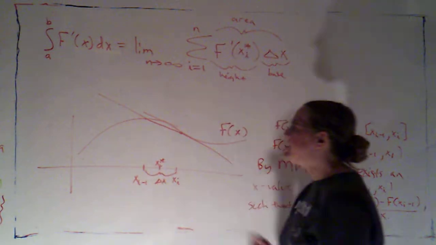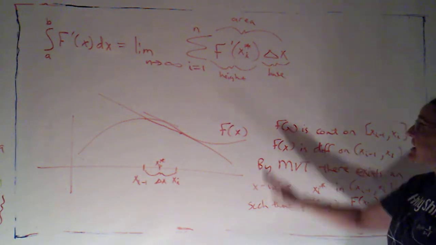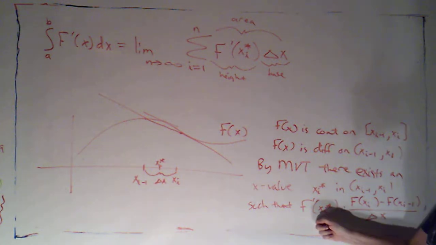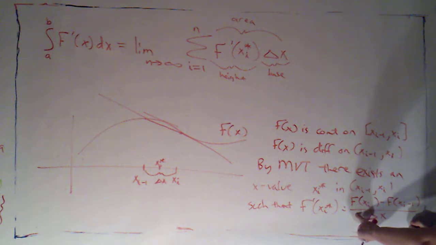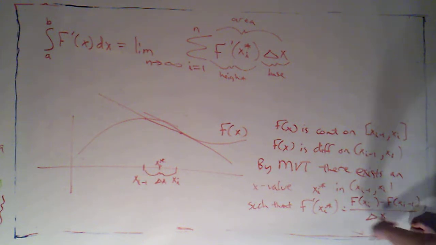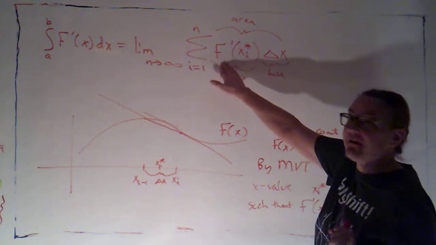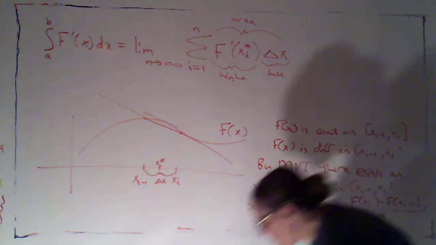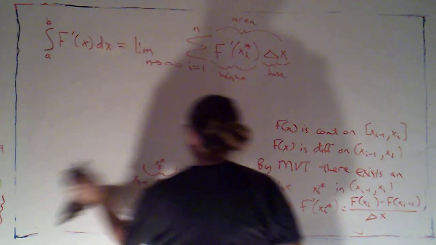I'm going to choose that to be my xi star, because that way I'm now able to describe F prime at xi star in terms of the function F. So this is the key that's going to allow me to switch from talking about F prime to talking about F. Okay, so let's see what that gives us.